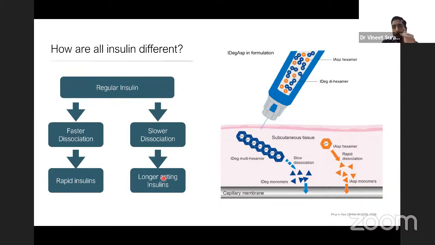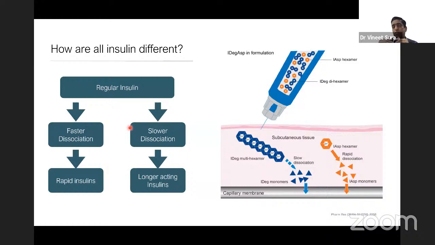However, when we are giving subcutaneous injections, this is not possible. So there are two kinds of things which can be done. One is a faster dissociation, which leads to the rapid insulin.